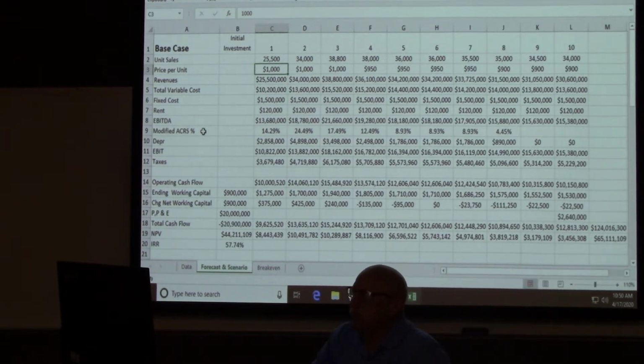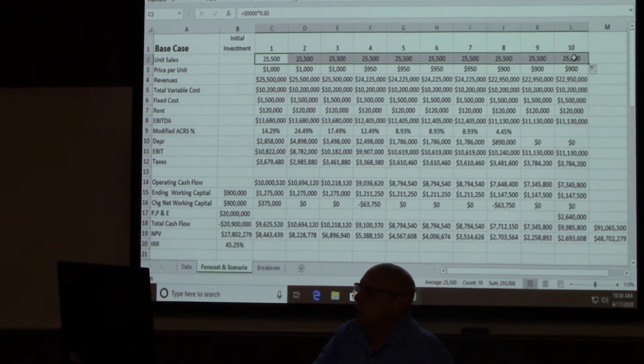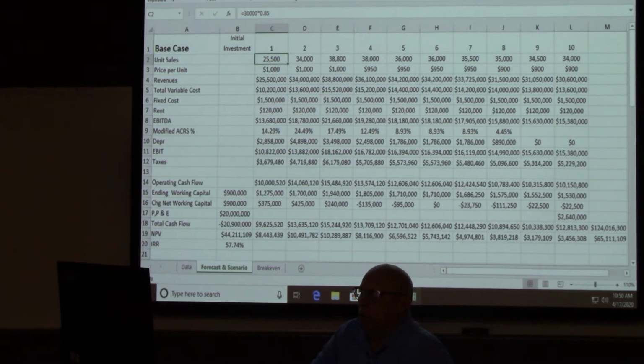Equals. Boom. All right. So once we do that, the way everything's lined up, all we have to do is scroll over to see what happens. And our net present value, it was 44 million.